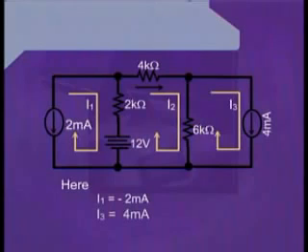We can also see that the current I3, which we have just assigned to the mesh number 3, is flowing in the same direction as the direction of the independent current source, having a value of 4 milliamperes. Therefore, conveniently we can write I3 is equal to 4 milliamperes. You can well observe that in this case we haven't put any negative sign next to the 4 milliamperes because both the currents are in the same direction.